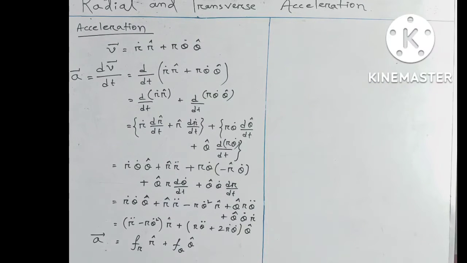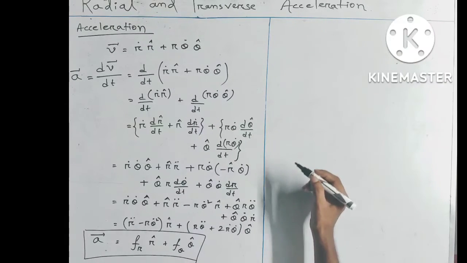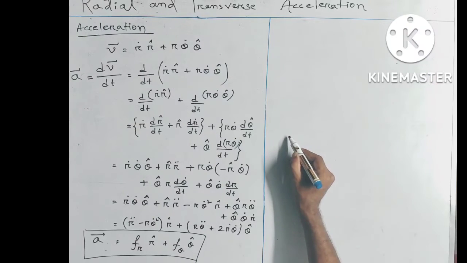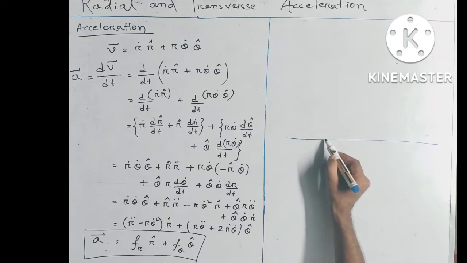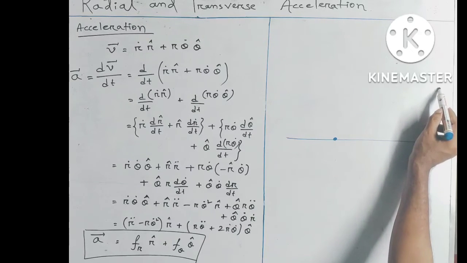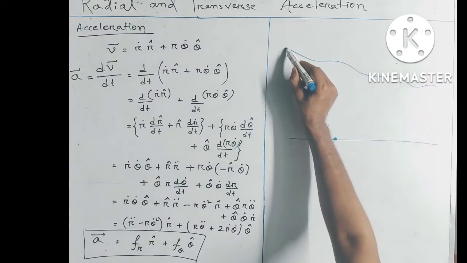Now let's understand the significance of this term. For that we have to consider the example again. Suppose this is the horizontal surface and here is a radar, and a fighter jet is moving like this.